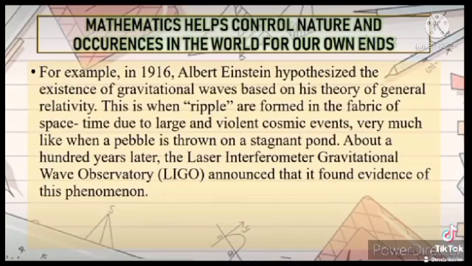This is when ripples are formed in the fabric of space-time due to large and violent cosmic events, very much like when a rock is thrown into a stagnant pond. About 100 years later, the Laser Interferometer Gravitational-Wave Observatory observed them.